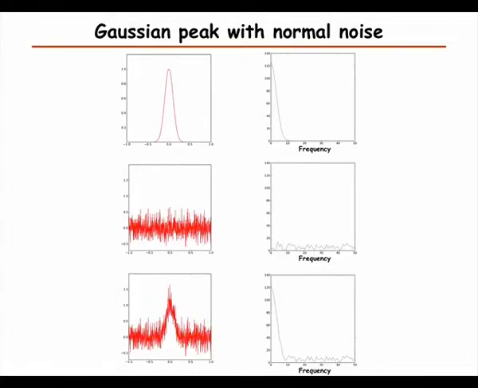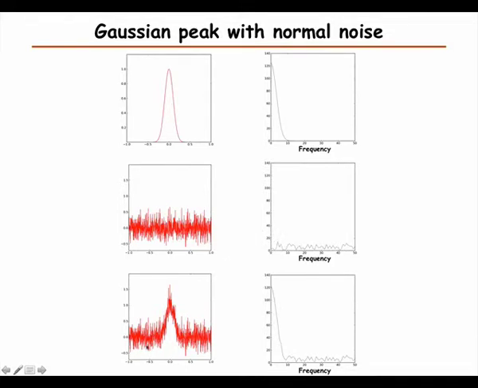So now we can add these together. We looked at peaks on their own, and we've looked at noise on its own. Now we're just going to take a Gaussian peak. We had in frequency space, remember, this low frequency distribution that around a frequency of 10 disappeared. Then we have our normal noise, which had a lot of different frequencies contributing to it.